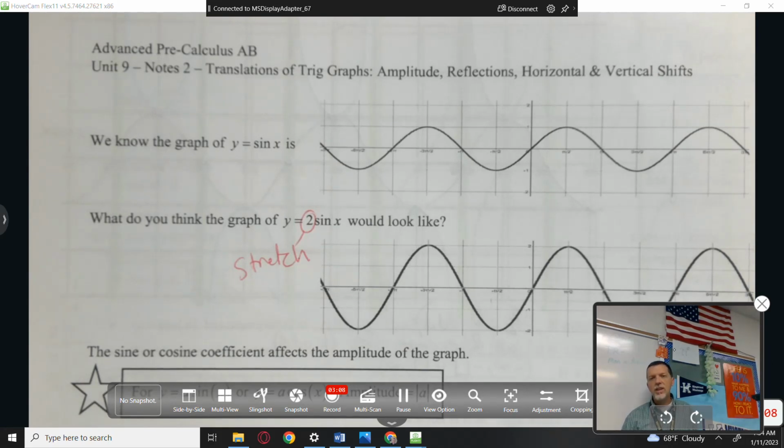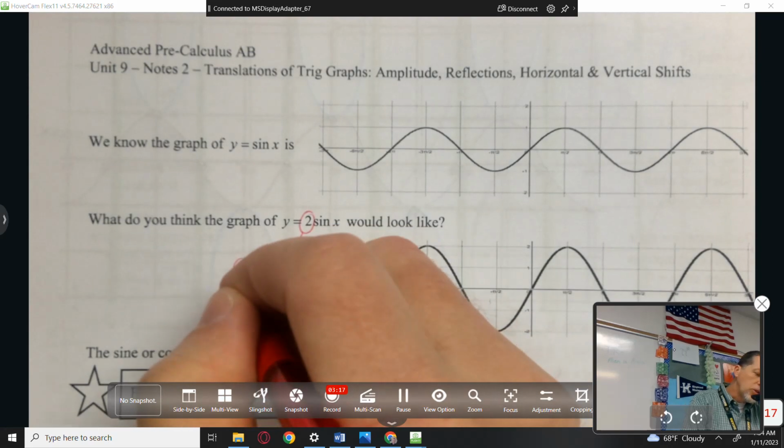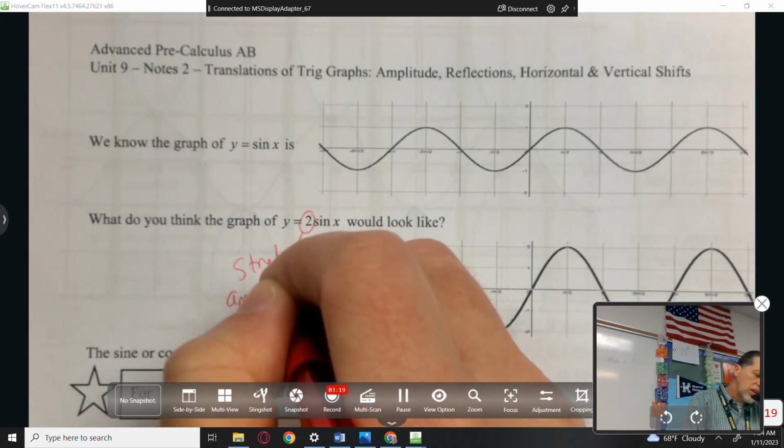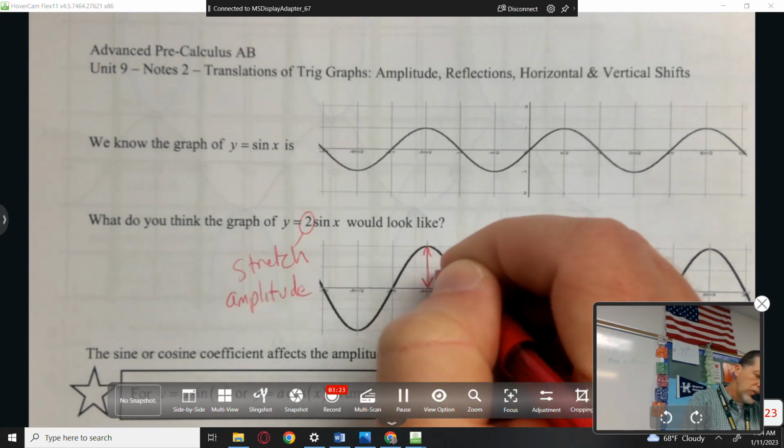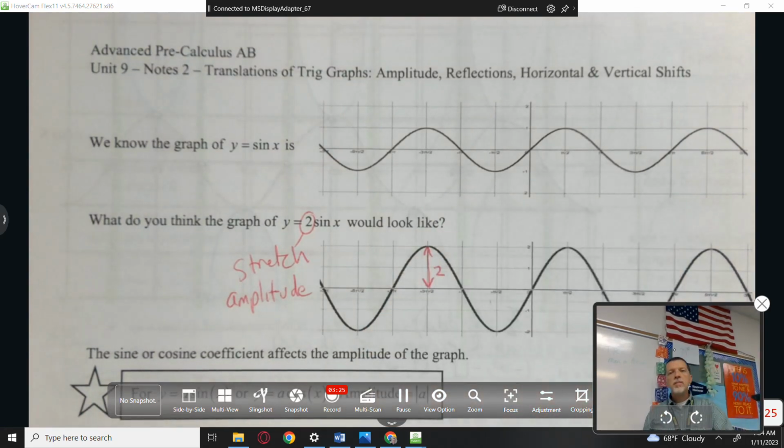It is, but if you shifted the whole thing up, the max wouldn't be 2 anymore. So be careful. It's definitely a stretch, and it controls the amplitude. And our amplitude is now 2. And we can move it around a bunch of different places, but that amplitude is still going to be 2.